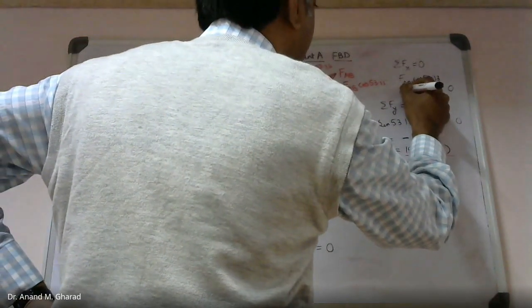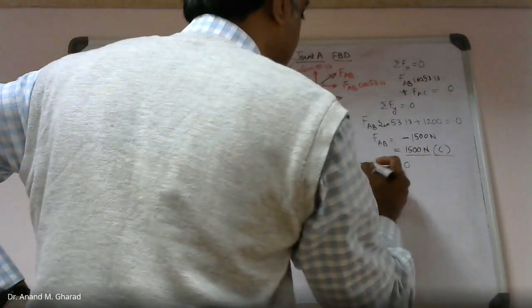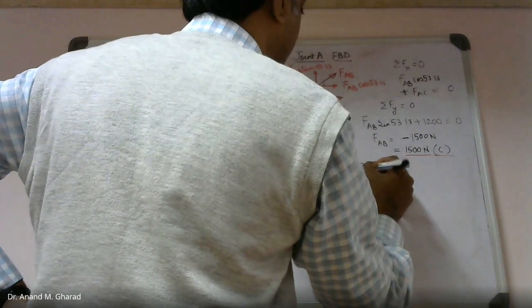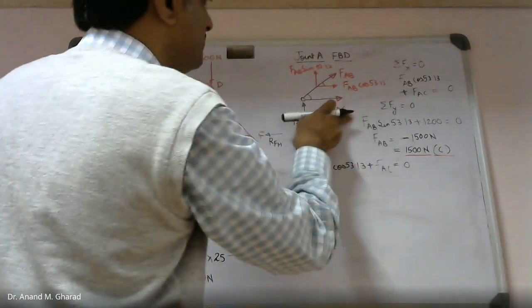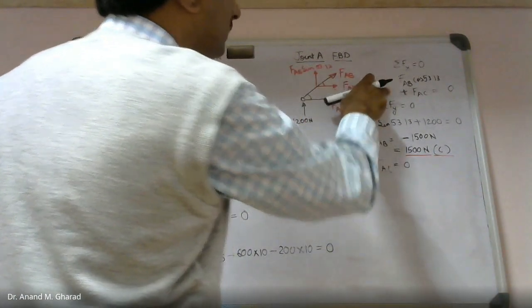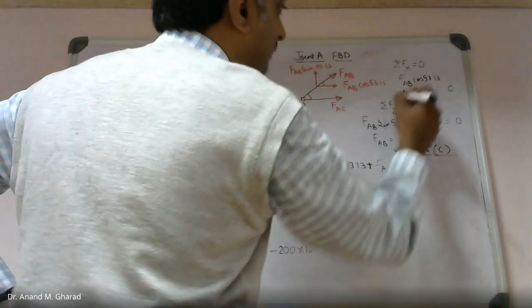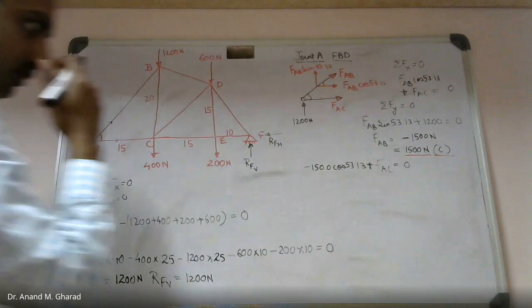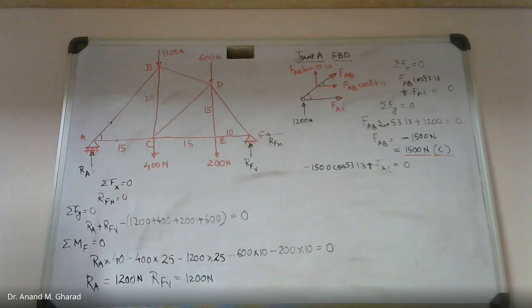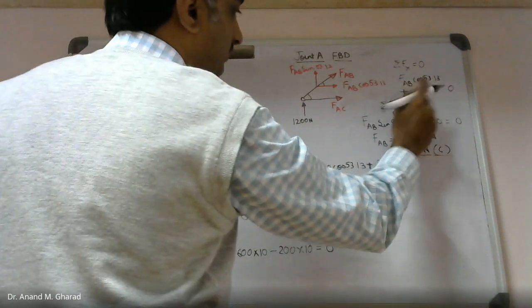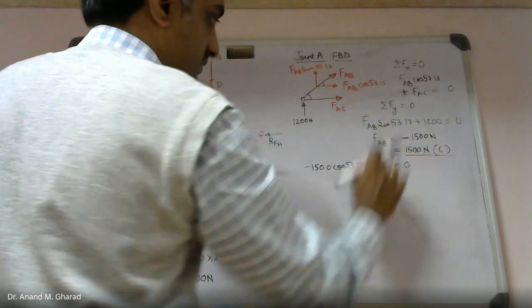Sorry, this is not minus. This should be plus. Nobody told me. This is plus, isn't it? Because FAC and FAB cos, these two are in the same direction. So this will be plus. I made a mistake over here, but now this is plus, right?